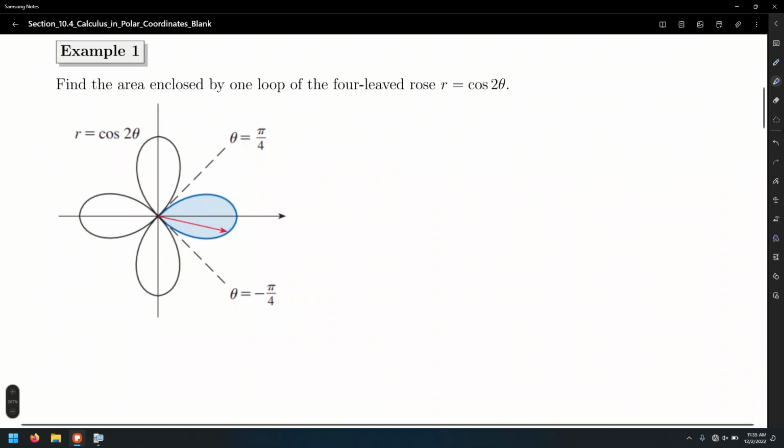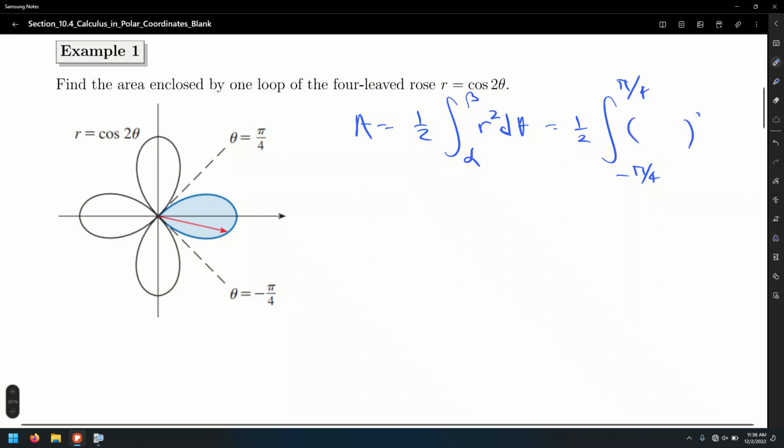So number one, let's find the area enclosed by one loop of the four-leaf rose r equals cosine 2 theta. They're also giving us the limits of integration. What could go wrong? Actually, a lot. You'll see. So that's 1/2 integral from alpha to beta of r squared d theta. So far so good, there's no big deal. 1/2 from negative pi over 4, and that's the quantity squared d theta, where the quantity is cosine 2 theta.